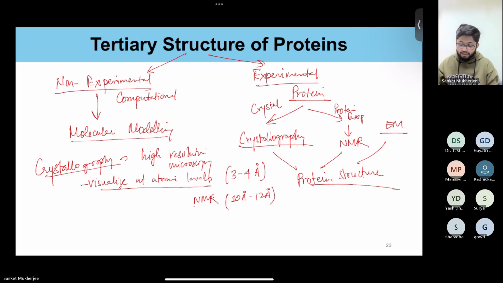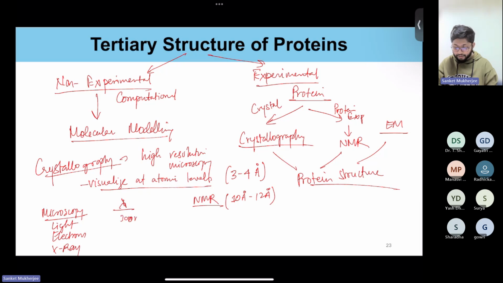Talking about microscopic techniques, we know that light can be used, or electrons can be used, or X-ray can be used. The wavelength for each of them: for light, it's like 300 nanometers, electron would be 10 nanometers, and X-ray would be 0.1 nanometer.